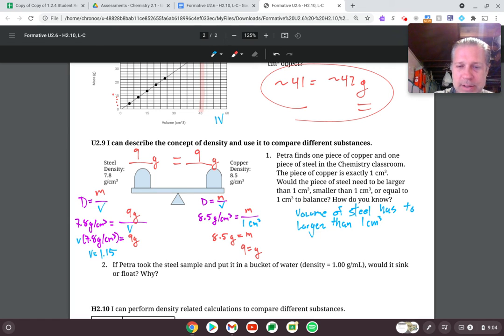So what I'm getting at here is that the volume of the steel has to be larger because the ratio of mass to volume needs to reflect the difference in density.